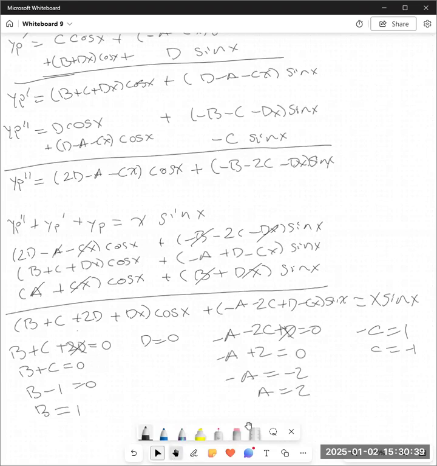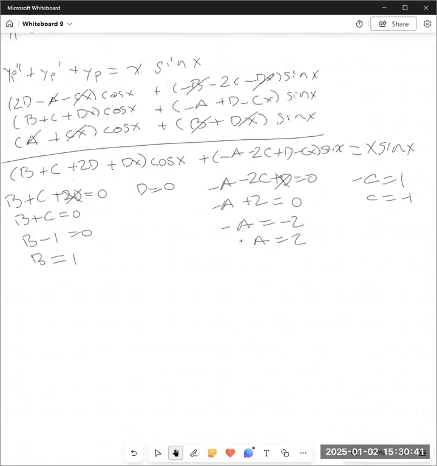That gives me enough to find my yp, which was yp equals A cosine of x plus B sine of x plus Cx cosine of x, and then D is 0 for the x sine of x's.